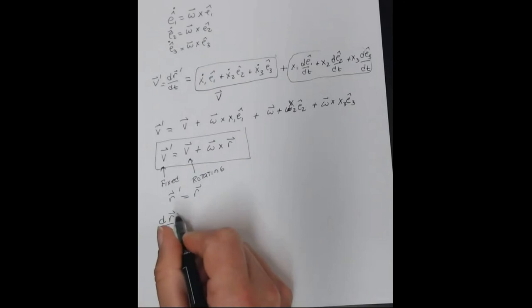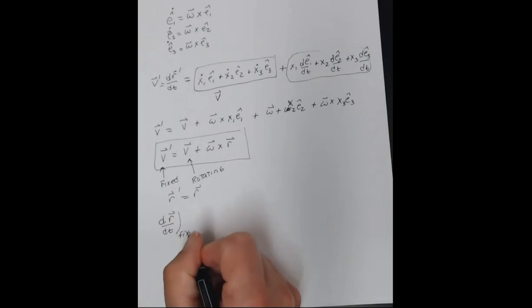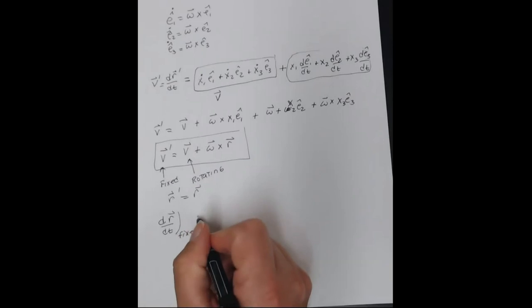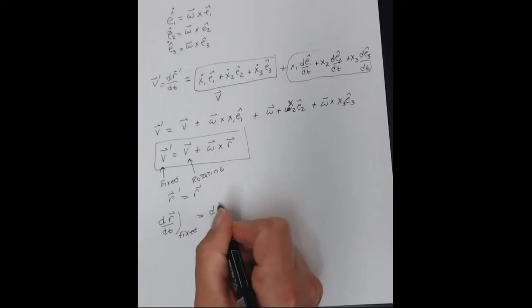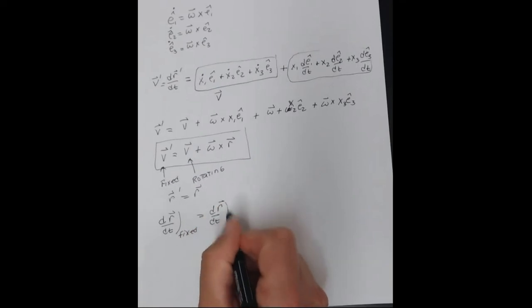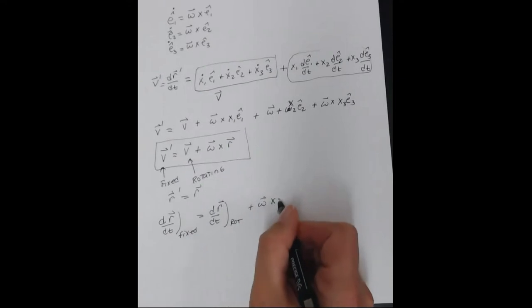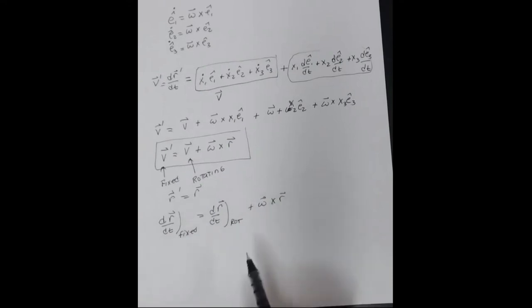Now I don't want to use prime, so I'm going to just remind you this is in the fixed frame because I'm replacing r prime with r here, equals dr dt as seen from the rotating frame plus omega cross r. So I have everything written in terms of r.